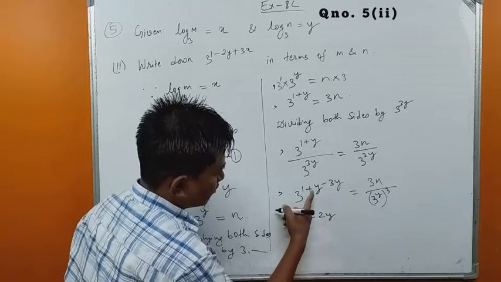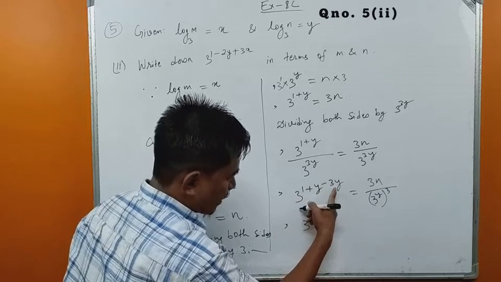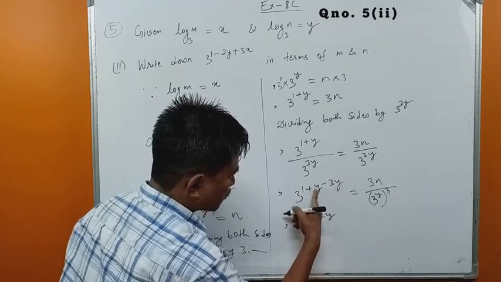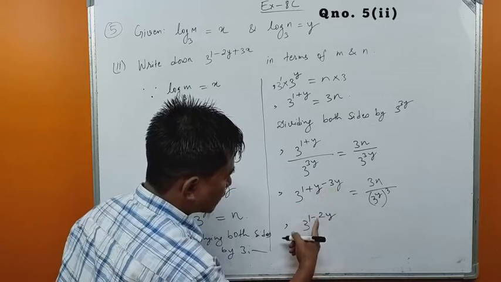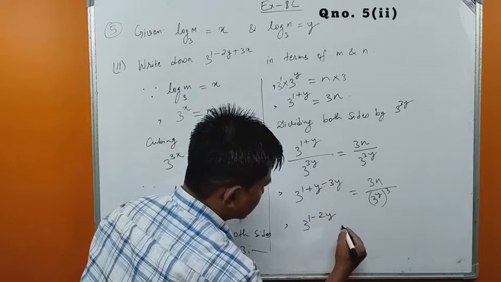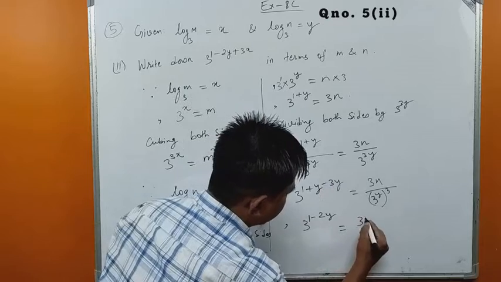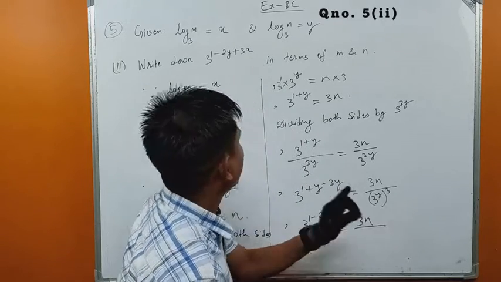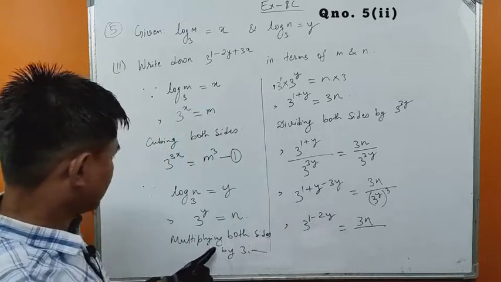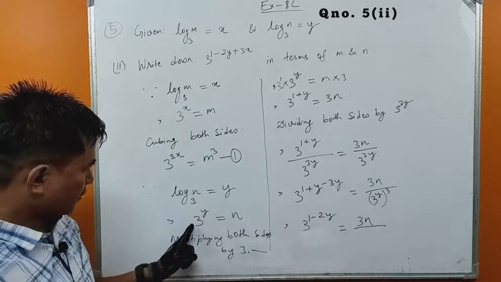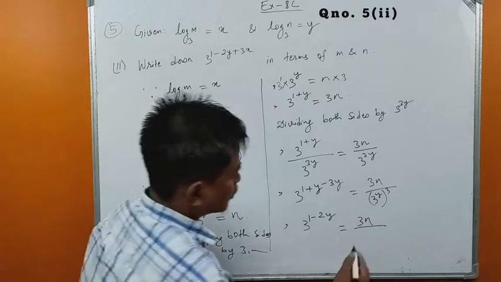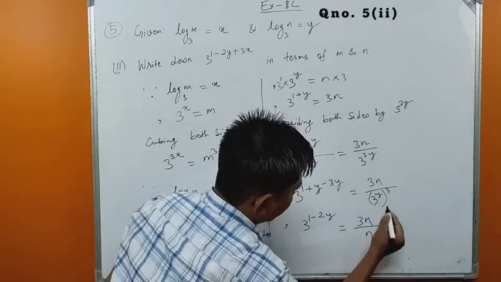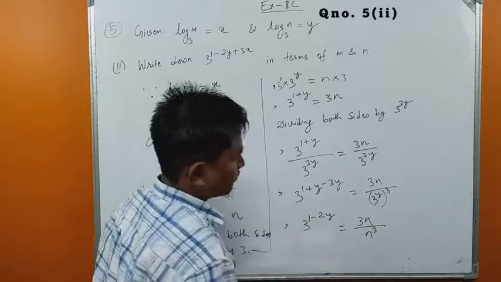Plus y minus 3y, opposite sign, 3y minus y is 2y, sign of greater number comes, minus 2y, equals 3n upon 3 to the power y cubed. The value of 3 to the power y is n, so we put n and we have cube.